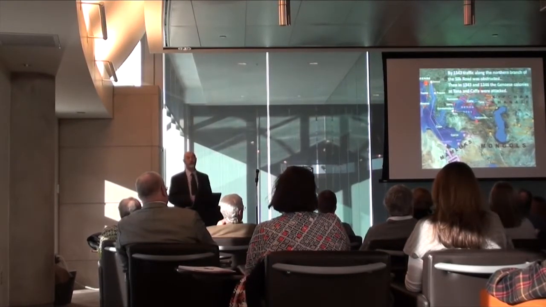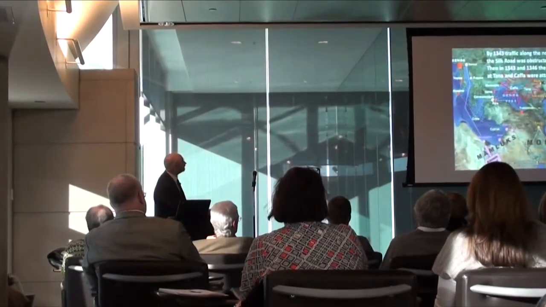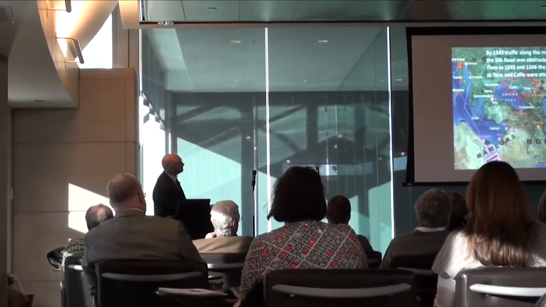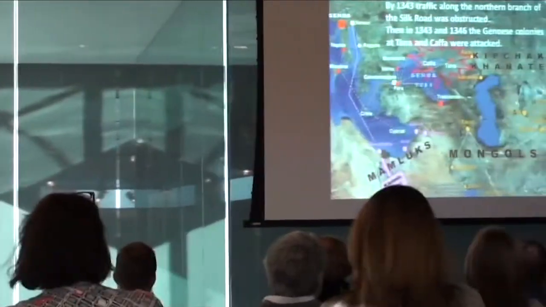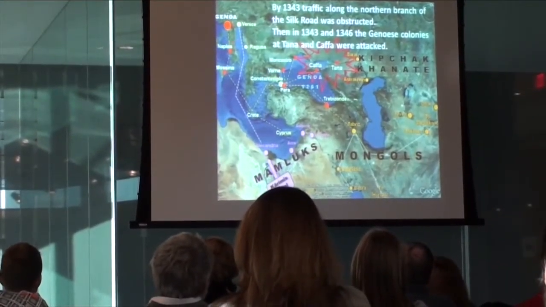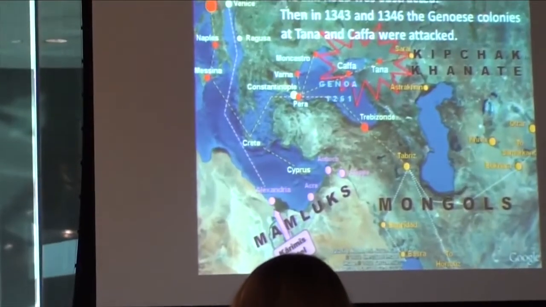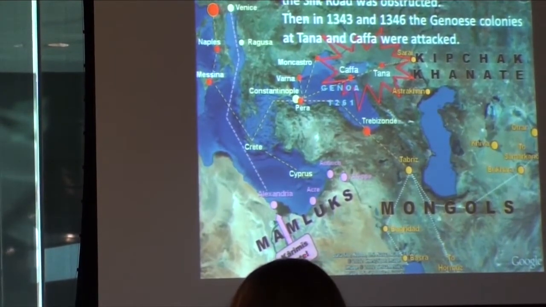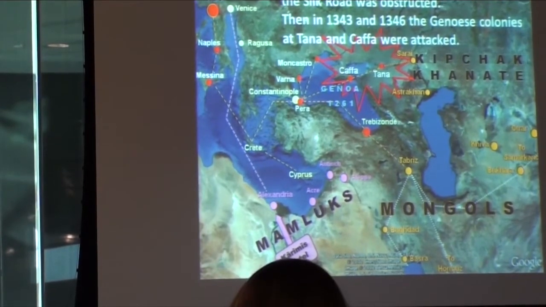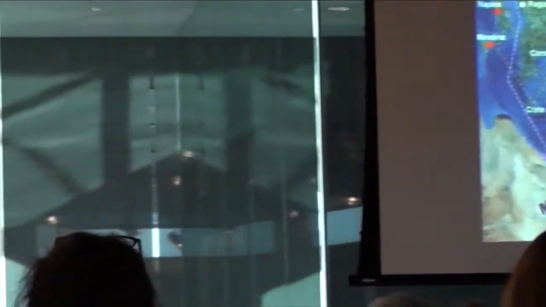So trade is now only reaching Europe from the east up the Persian Gulf, to Tabriz, or by the southern caravan routes to Tabriz and Trebizond, and then out past Constantinople, or via the cartel controlled by the Muslim Karimi merchants of Egypt. This is a significant restriction on the situation 50 years earlier, at the great boom time when the Polo family went from Venice to China and back. This is a significant close down that's happening in the 1340s.